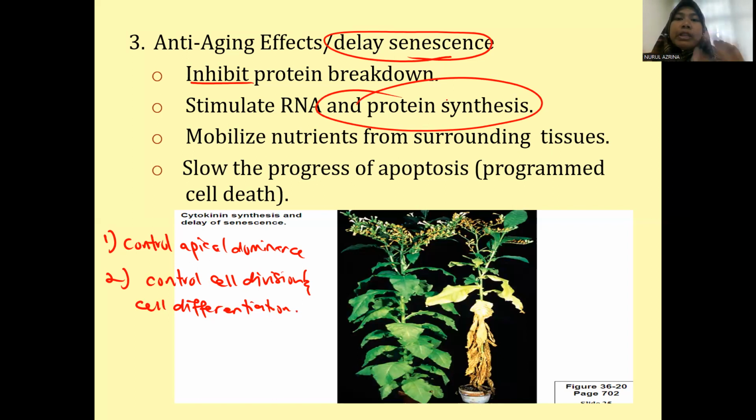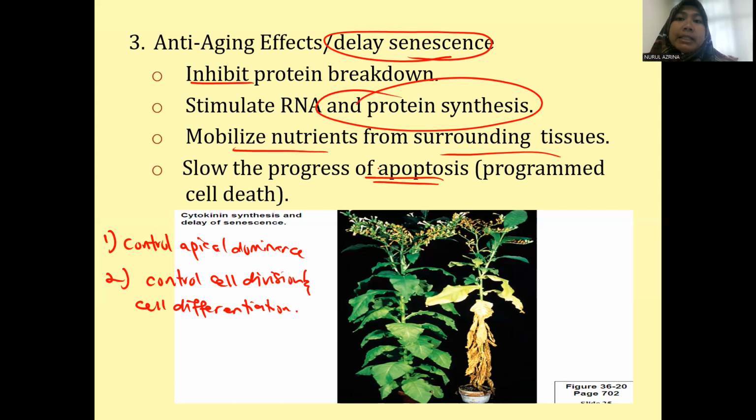Right, so as more protein is synthesized, the plant will become much healthier and this can help in the delay of senescence. Despite that, cytokinin also mobilizes nutrients to the surrounding tissue to make sure that all parts of the tissue receive sufficient nutrients, and it slows down the process of apoptosis.